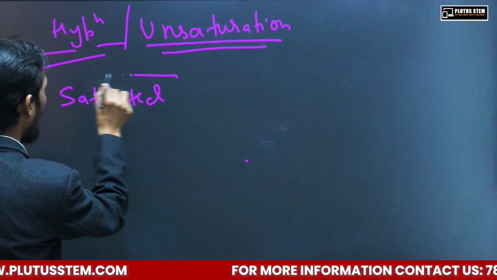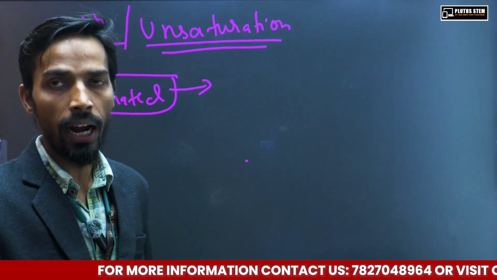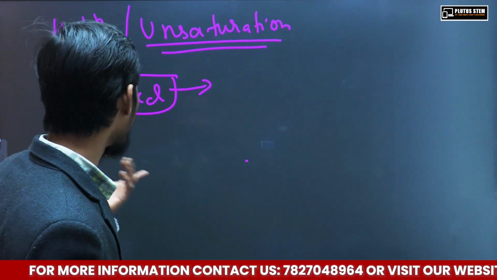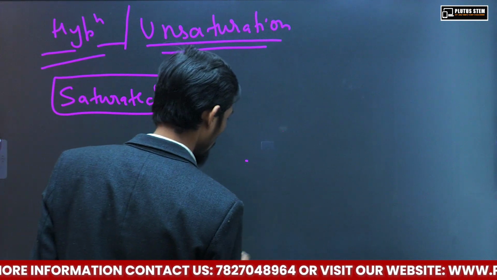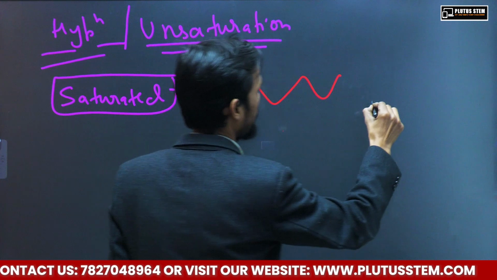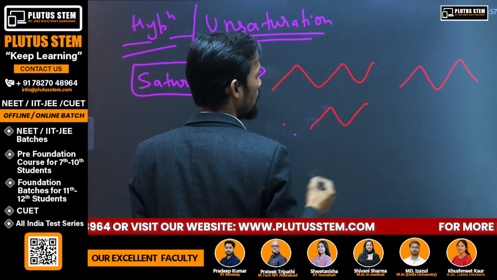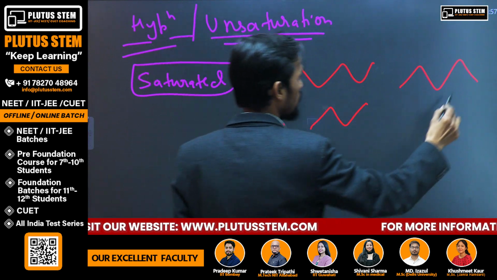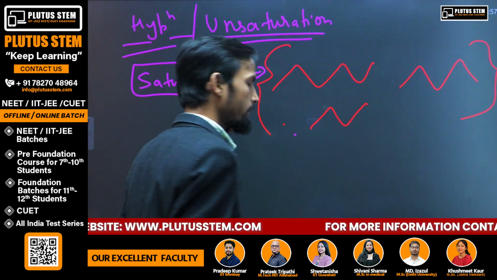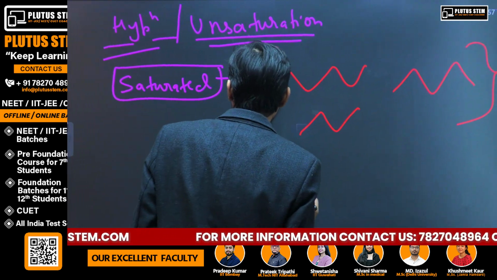Saturated compounds are those that don't have any double bond or triple bond inside their whole structure. So if we are having hexane, pentane, butane, these compounds do not possess any unsaturated group, like a double bond or triple bond.